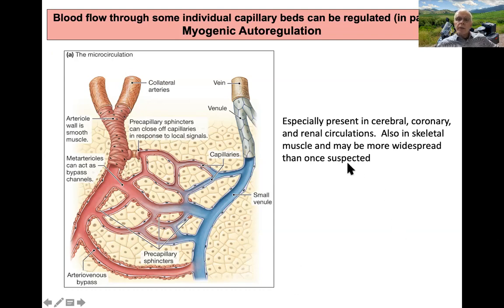So over here, I've said this is especially present in brain, cerebral, heart, coronary, and renal circulations, and also in skeletal muscle. And it may be more widespread than we once thought, but it's autoregulated because it occurs within, it's endogenous. It's part of this capillary bed that the regulation is resulting from.